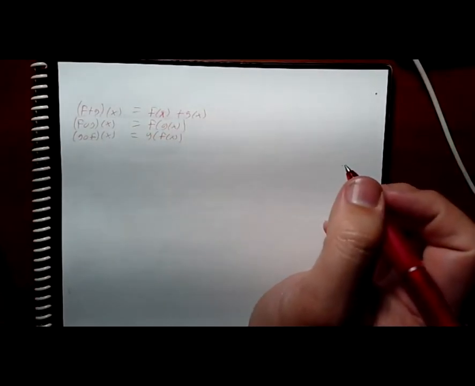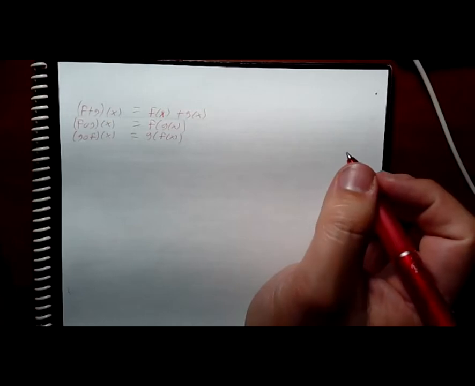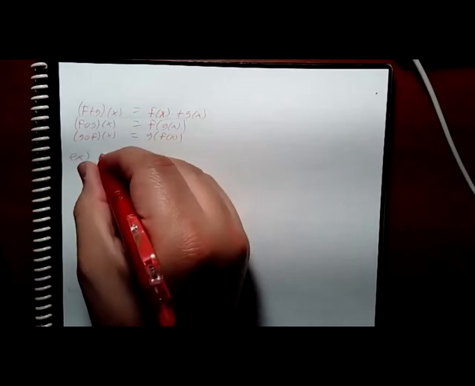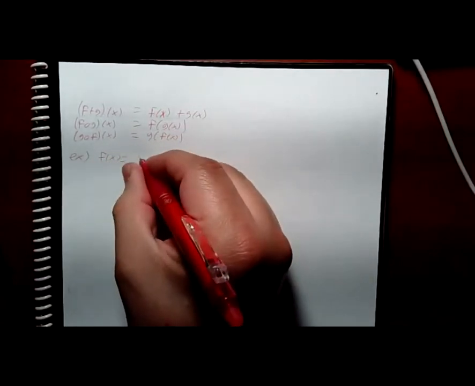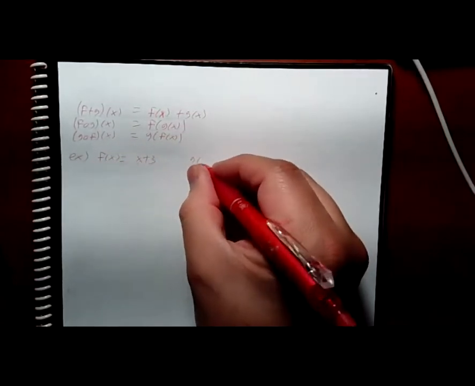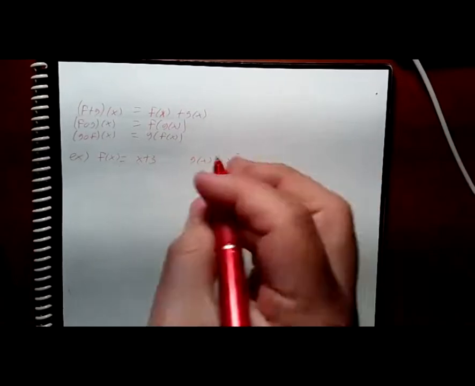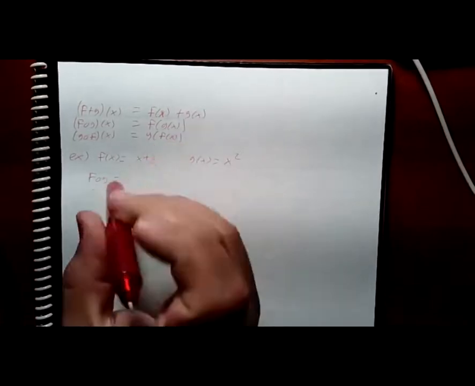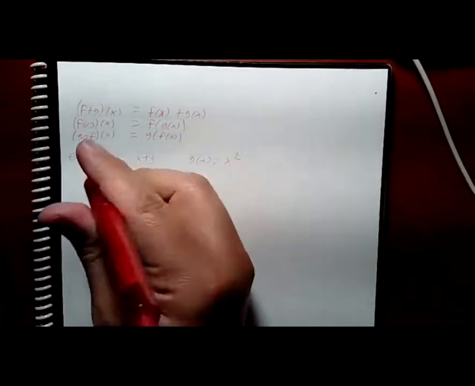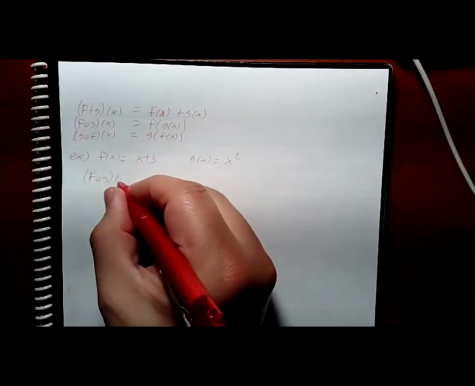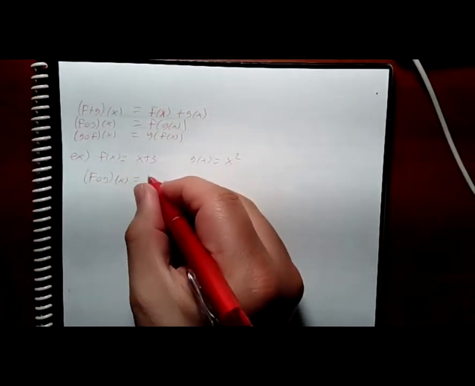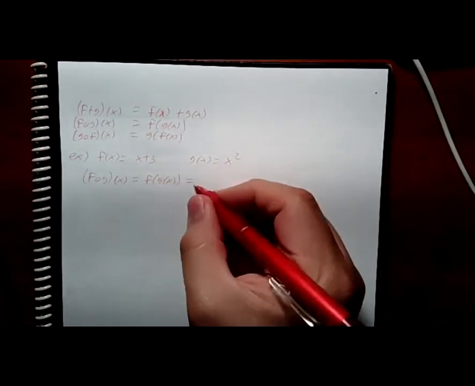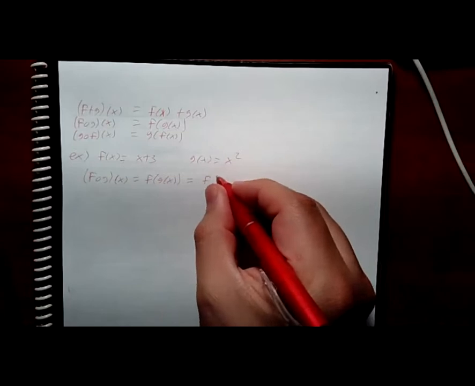Okay. So for example, it's a quick algebra side example. If F of X is equal to, let's say, X plus 3, and G is equal to X squared, then F of G of X is equal to F of X squared.